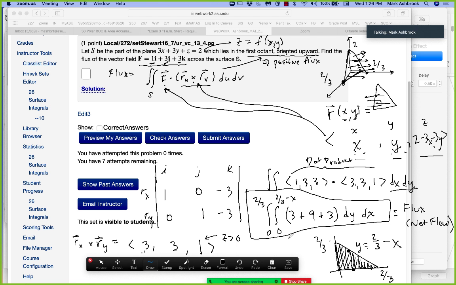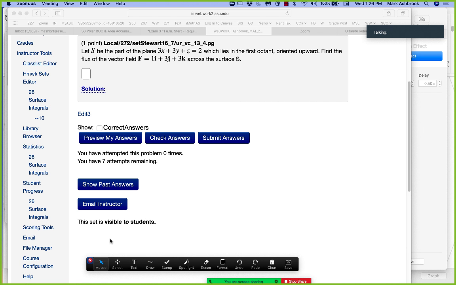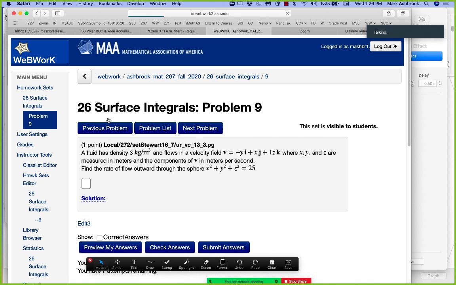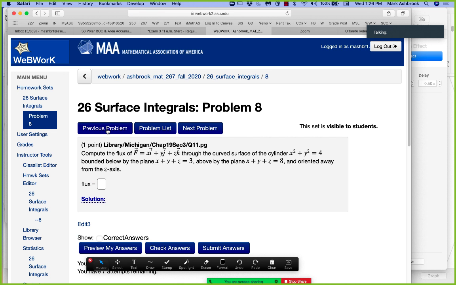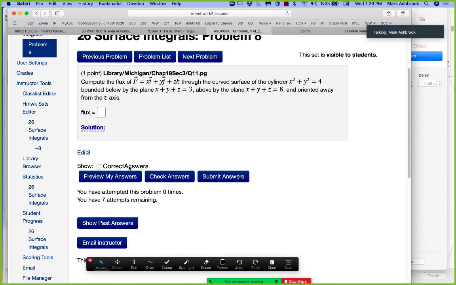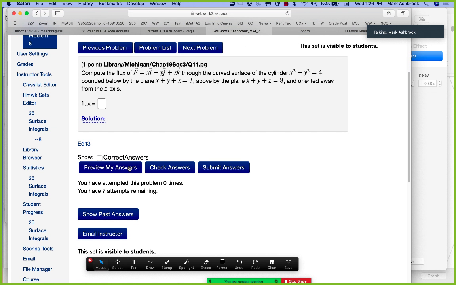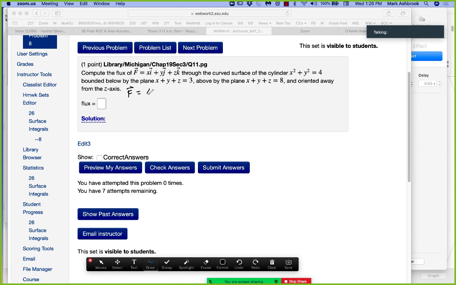Okay, let's look at another example. All right, so here our vector field is x, y, z, and we have a cylinder x squared plus y squared equals 4. Let's sketch that.